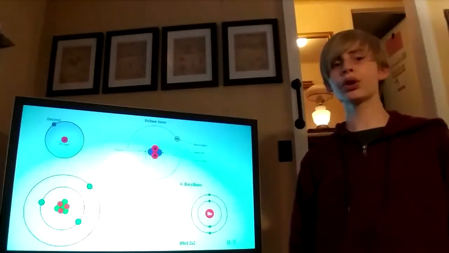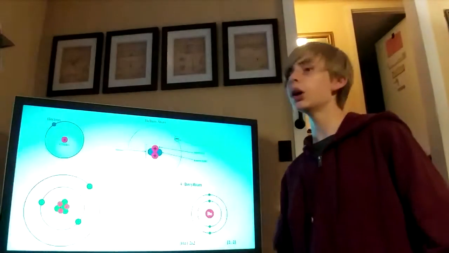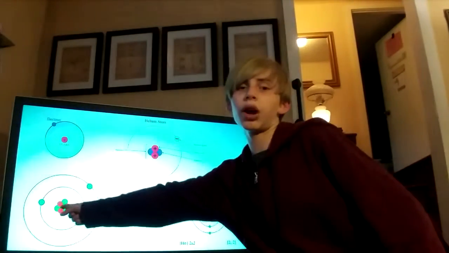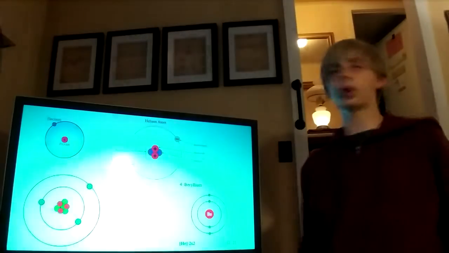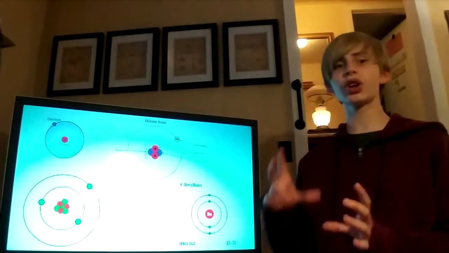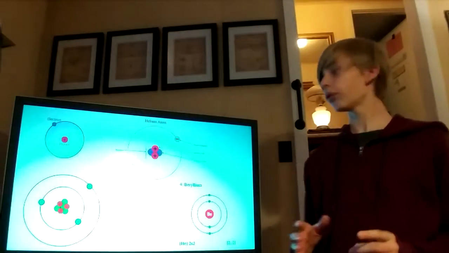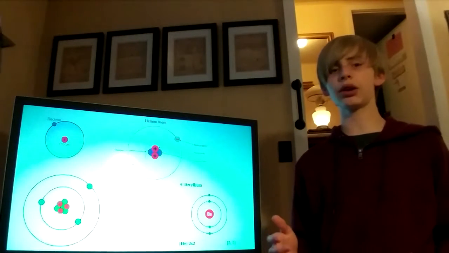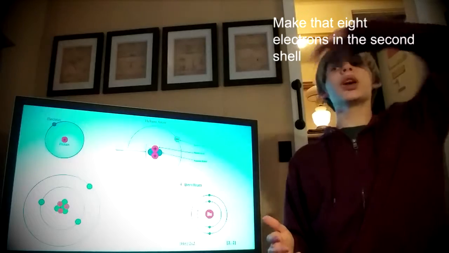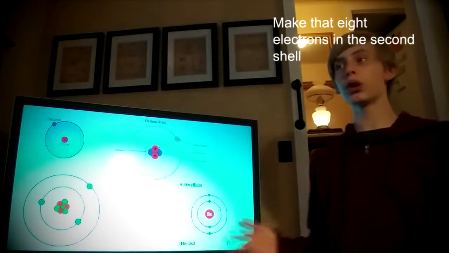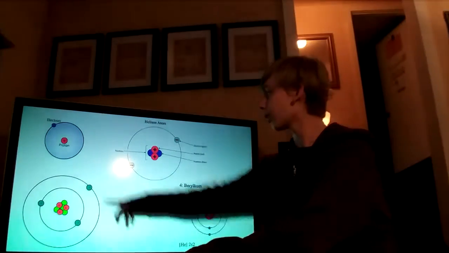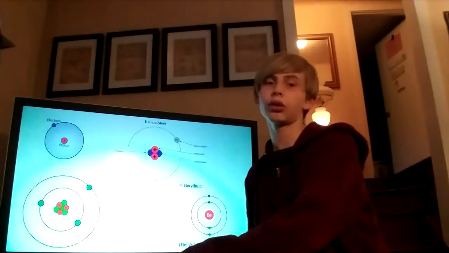Yet, if we go one step further to lithium, we have two electrons in the inner shell and then one in the outer shell. Then we have a second shell here because the first shell is completely filled out with electrons. There's no more that can be added into there. Yet the second shell can hold eight electrons. Obviously, you can have this extra electron out here.